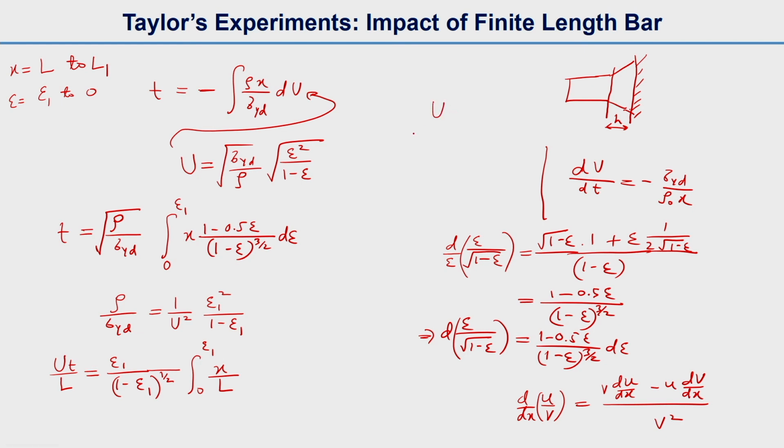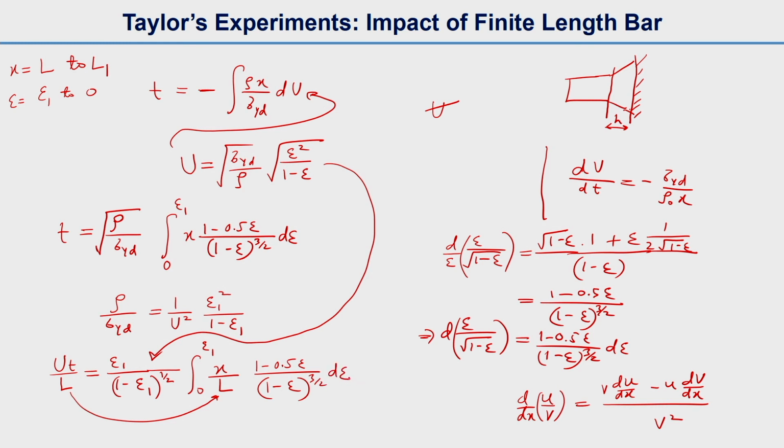So okay, we already have that, sorry, so we don't need to write this u here. So this u will be coming that way, and this L is from here. So 1 minus 0.5 epsilon divided by 1 minus epsilon to the power 3 by 2 d epsilon.